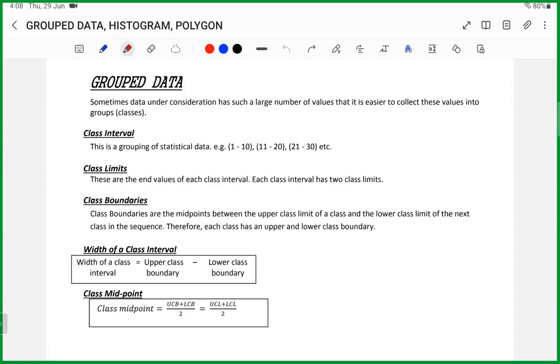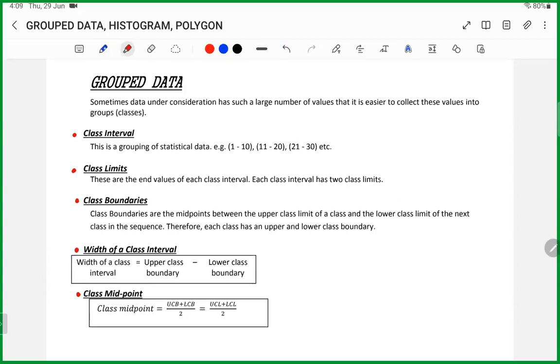The definitions are important, and how the questions come, it's not like the question would say define a class boundary. I've never seen a question like that. But they could give you a class and ask, what is the upper class boundary of this class for 1 mark or something like that? So you need to know what each definition means, and they're very easy to confuse between one another.